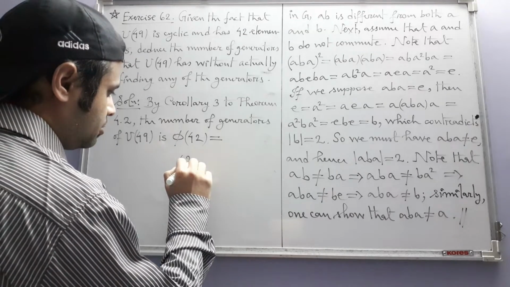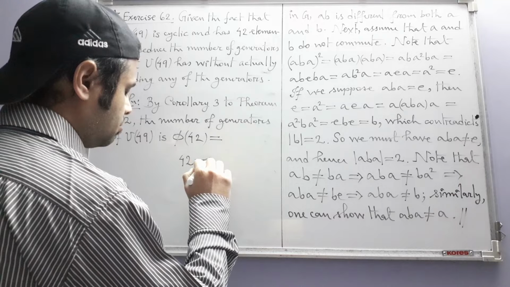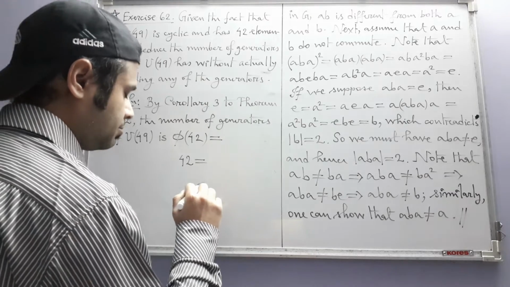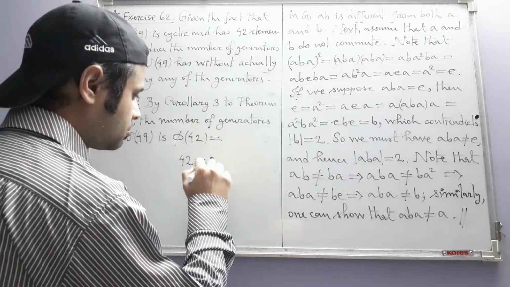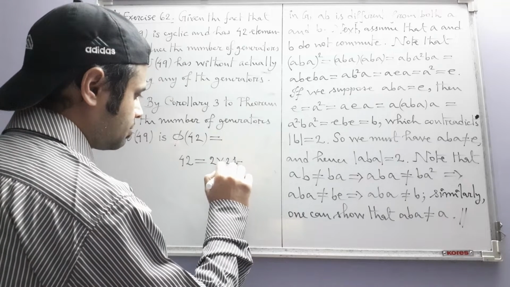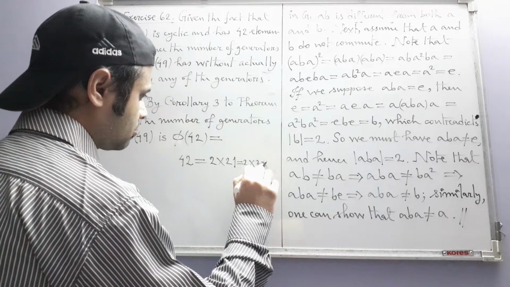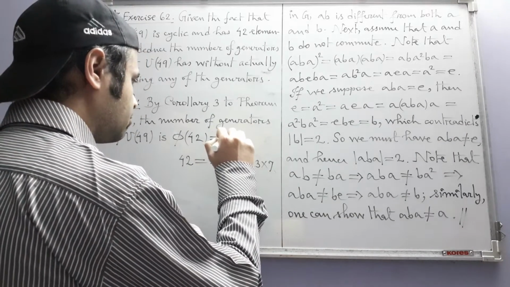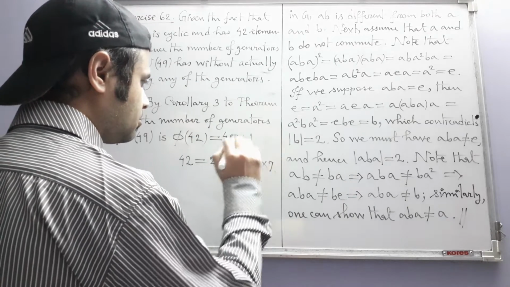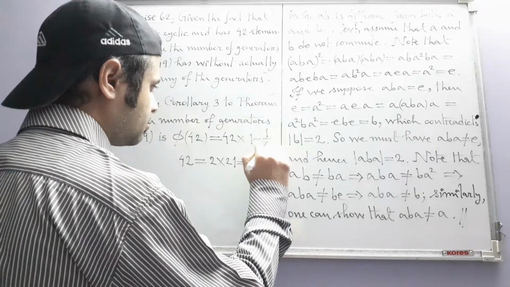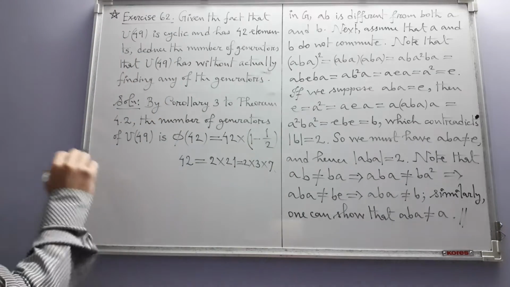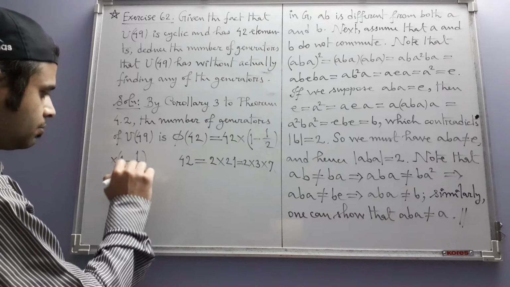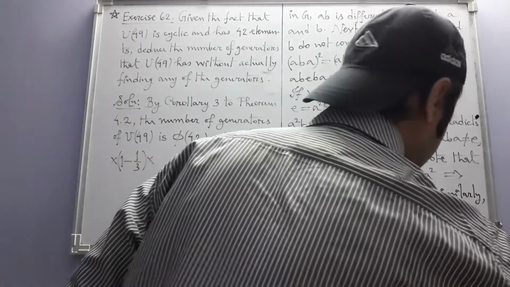Now 42 is what? 21 times 2. So that means this. So phi of 42 will be 42 times, this is the prime factorization, 1 minus 1 over 2 times 1 minus 1 over 3 times 1 minus 1 over 7.